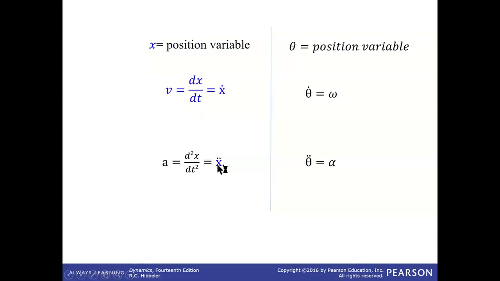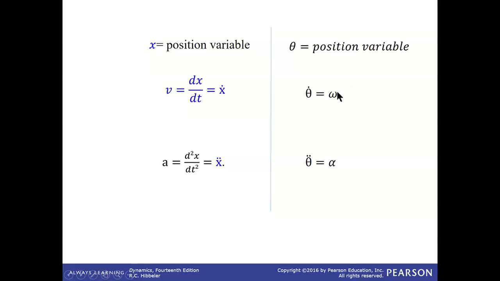Similarly, two dots on x represent the second derivative of x with respect to time, which is acceleration. So when you see x, x dot, and x double dot, consider that these are position, velocity, and acceleration. x is for linear motion. Similarly, when an object has rotational motion, we use the position variable theta.